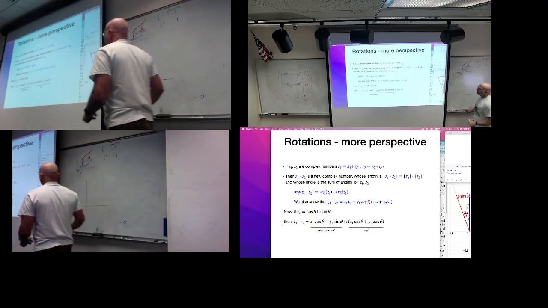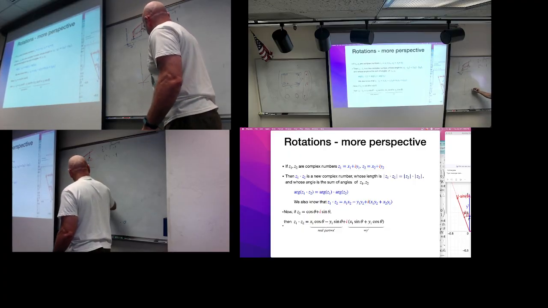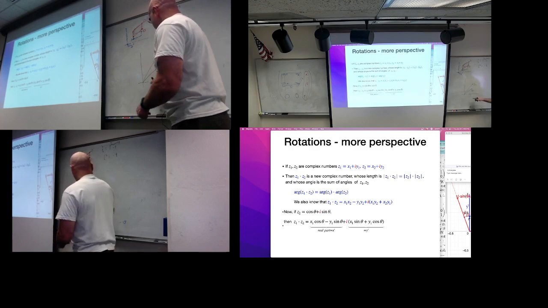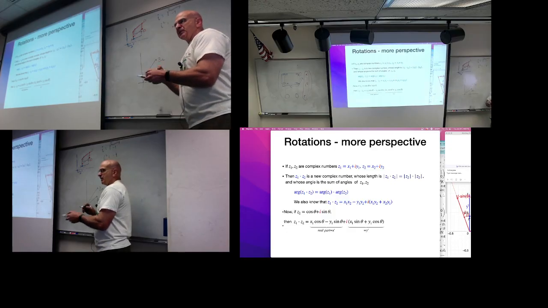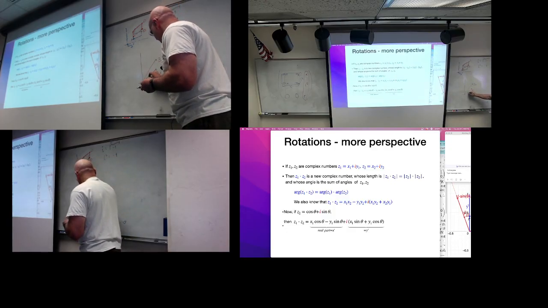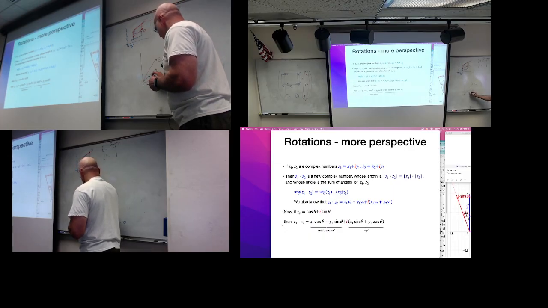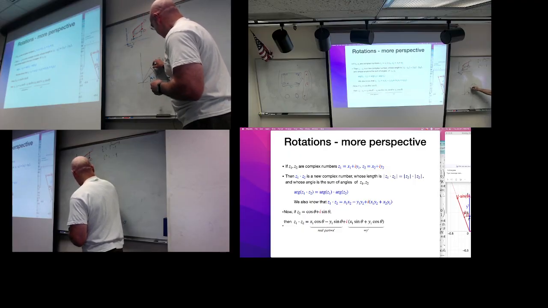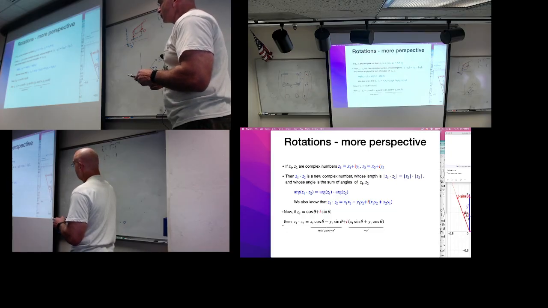Now, when you're multiplying two complex numbers, Z1 and Z2, I can ask for each one of them, what is the angle that you create? The angle, or the argument, is the angle that it creates with the positive x-axis. So that would be alpha 1, that would be alpha 2. What happens when I multiply two complex numbers?